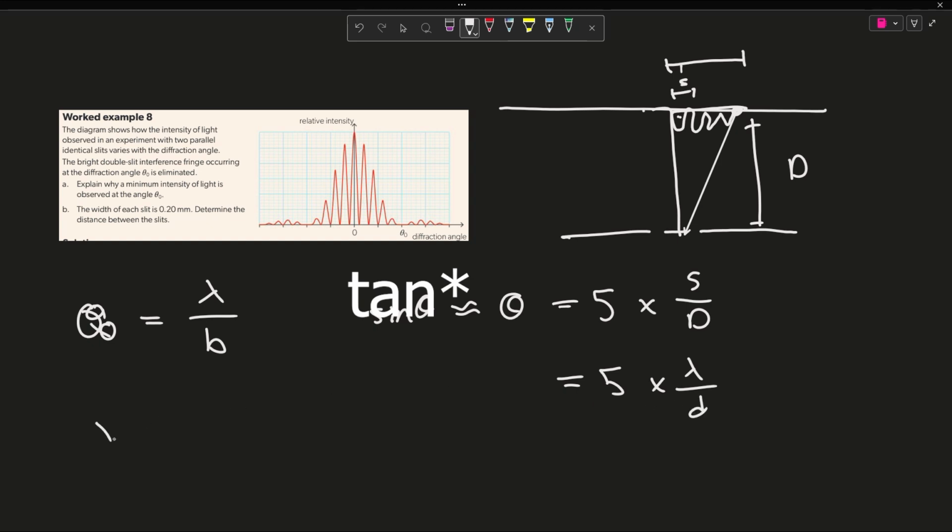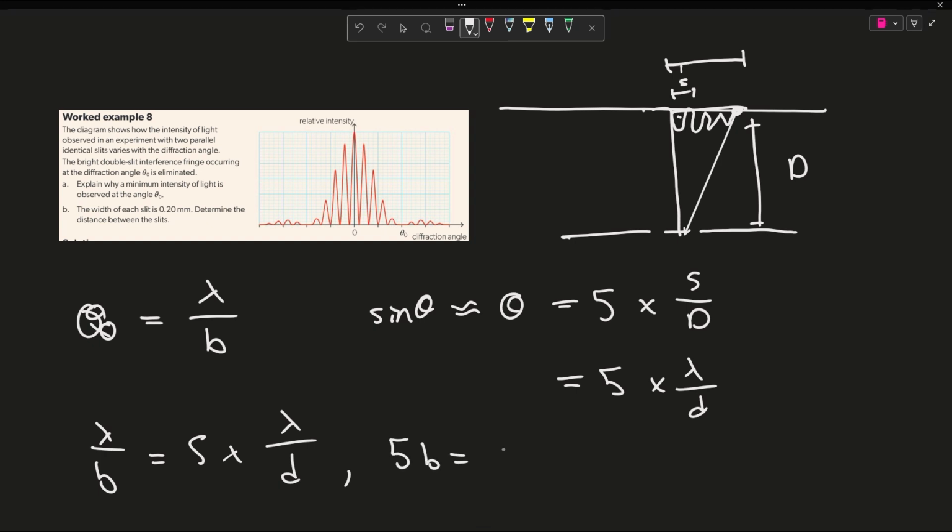So if you equate these, this would be equal to 5 times the wavelength over d, and the wavelengths cancel. So 5b is equal to d, and d is equal to 5 times 0.2 millimeters, which is equal to 1 millimeter.